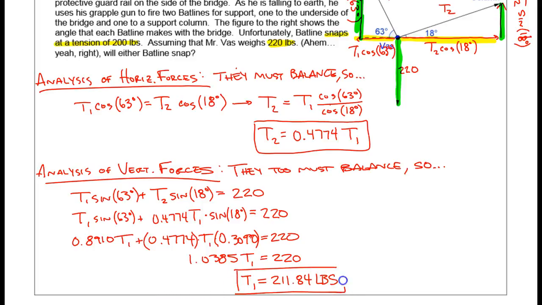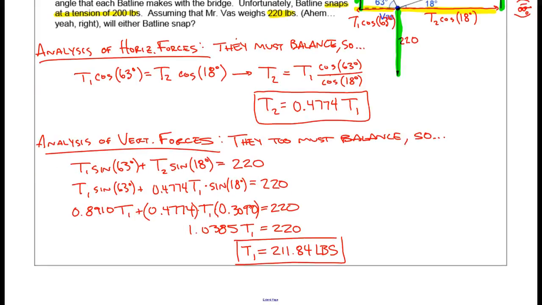And folks, that is a problem. Unfortunately, T1 is greater than 200 pounds, so the lines will snap.